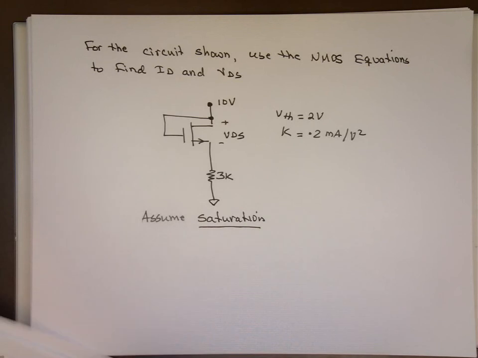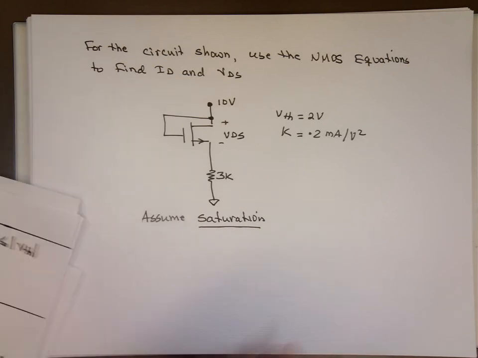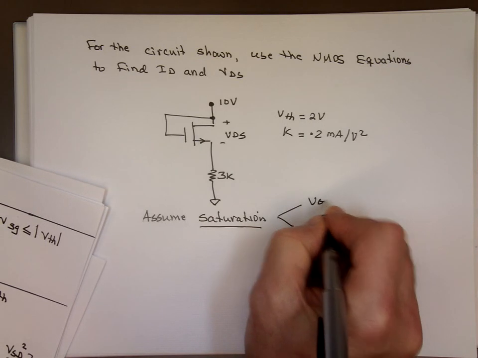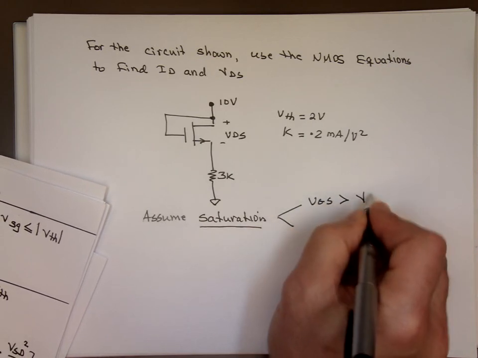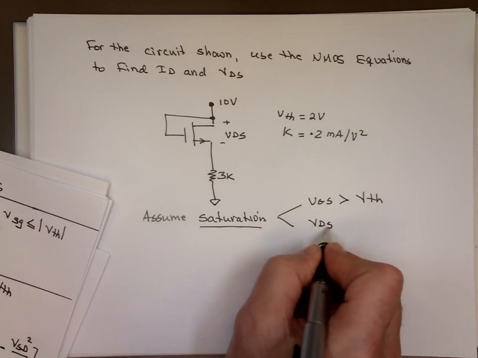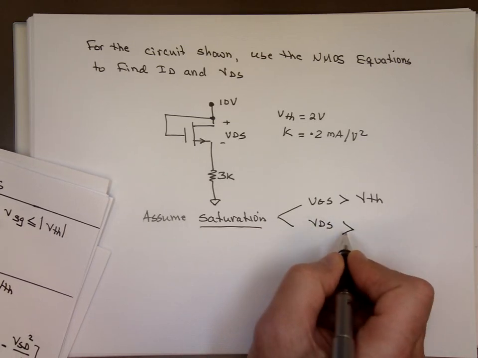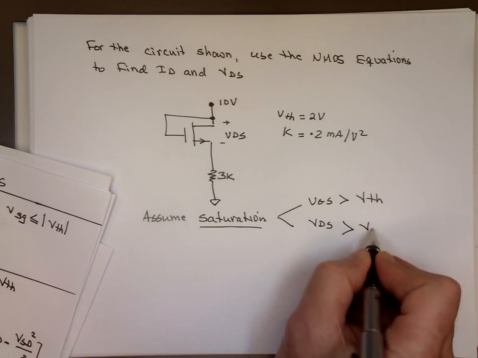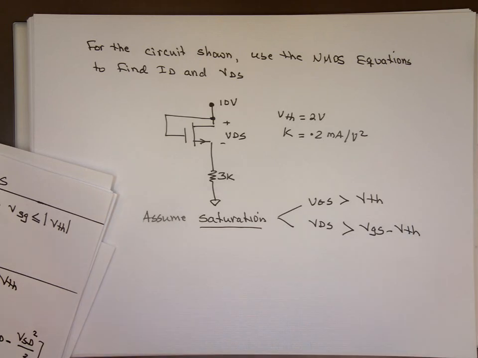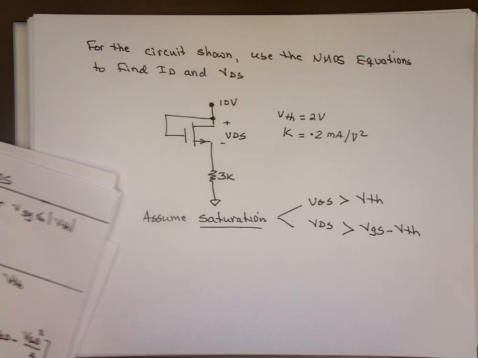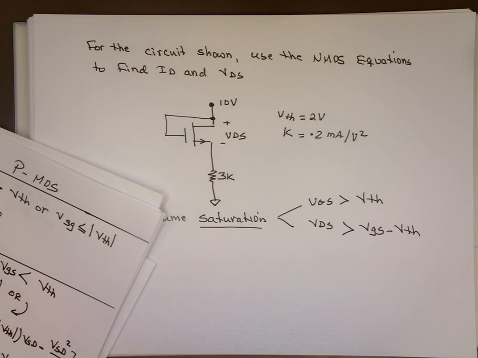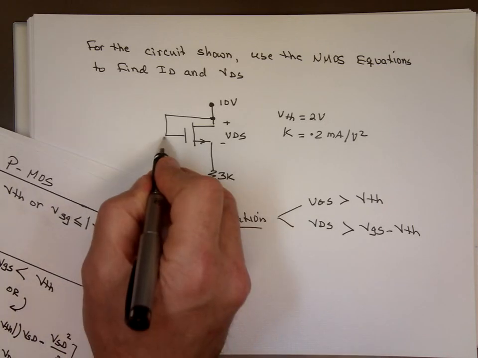And again, if I assume saturation, there are two conditions I need to validate: that VGS is greater than the threshold voltage, and VDS has to be greater than VGS minus the V threshold. Well, I know the voltage here, VGS.